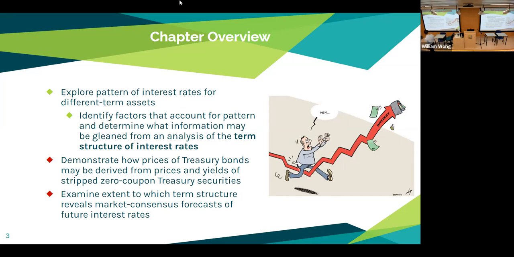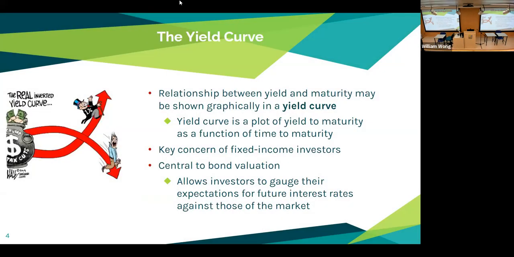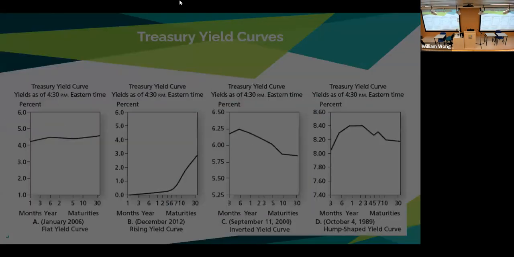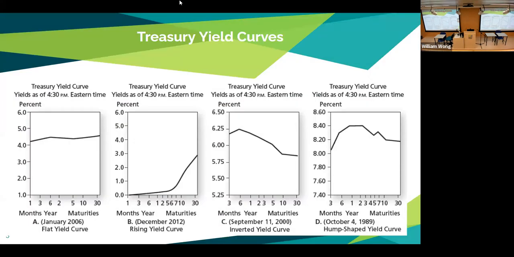Let me show that to you. The relationship between yield and maturity may be shown graphically on the yield curve, and we explained what a yield curve is. There are different types of yield curve. There would be a flat one back in 2006 when everything was so good, and then in 2012 when markets became stable, going from the bottom towards a better economy, you can see an upward-trending slope.